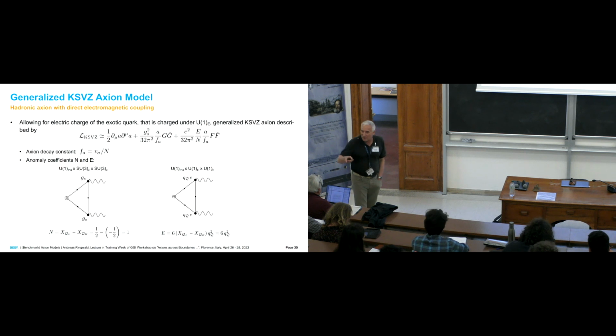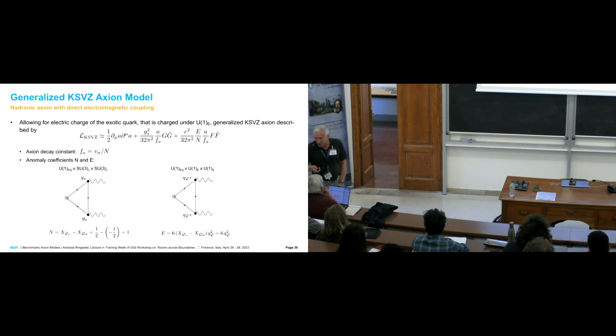It differs by a factor 1/2 from the one in the famous article by Kim et al. So this is 1/2 minus 1/2, so it's equal to 1. I like this more because in the other case 2N is always an integer, and why should I call it N if it's not an integer?